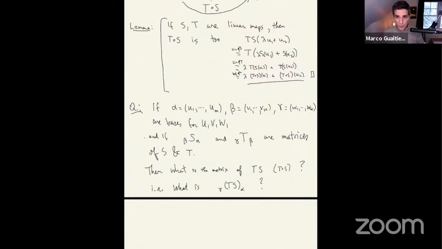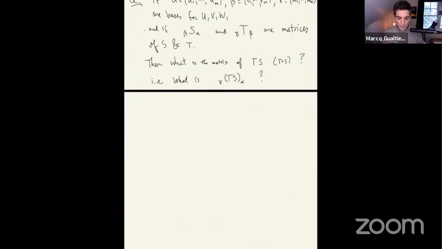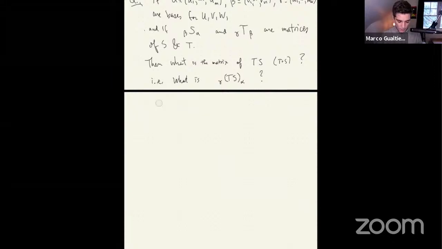The way we do it is, so what will it be? TS, we can simply compute it. So what is this thing first? So alpha, beta.